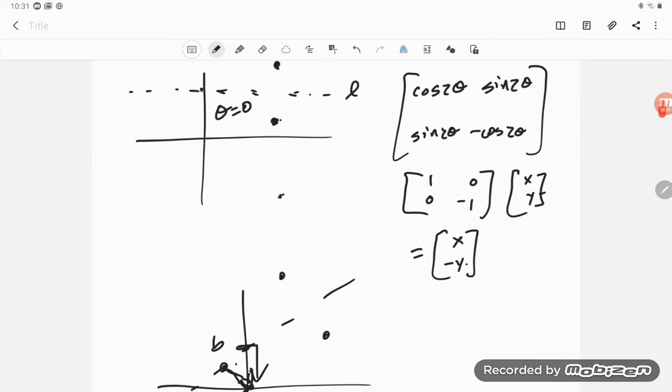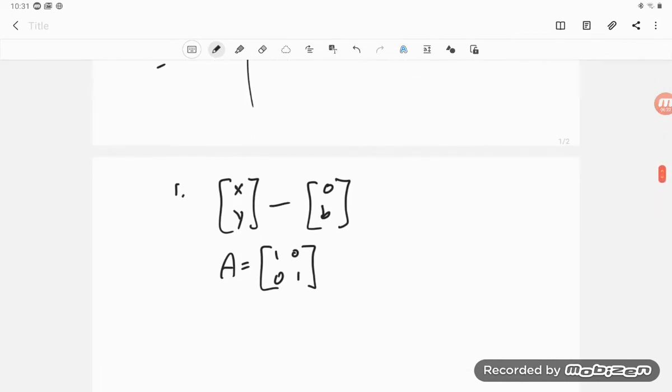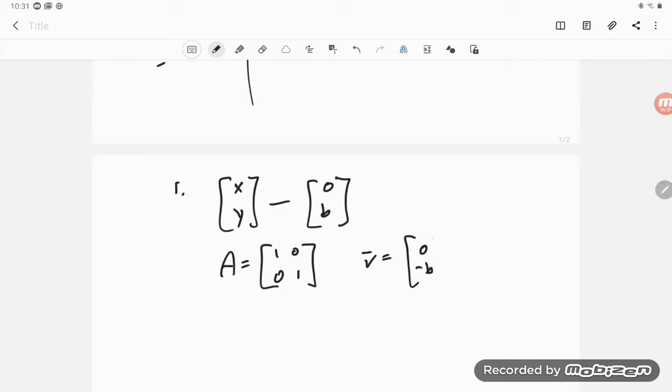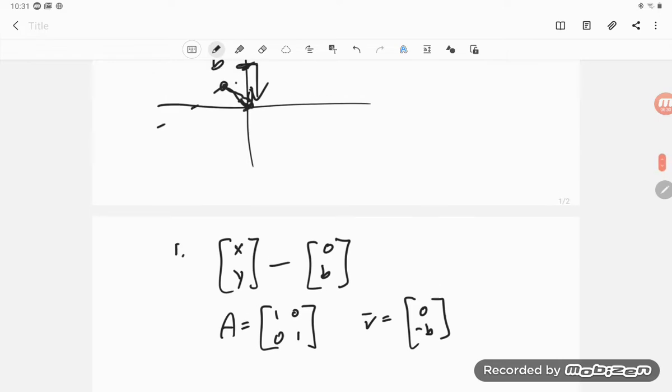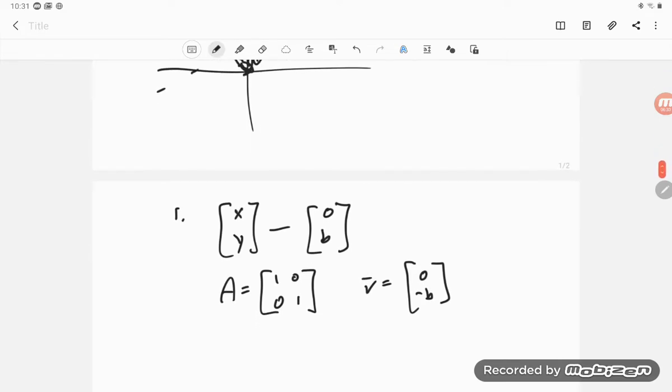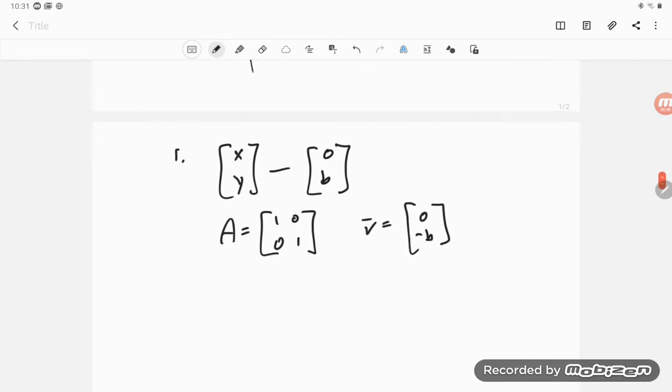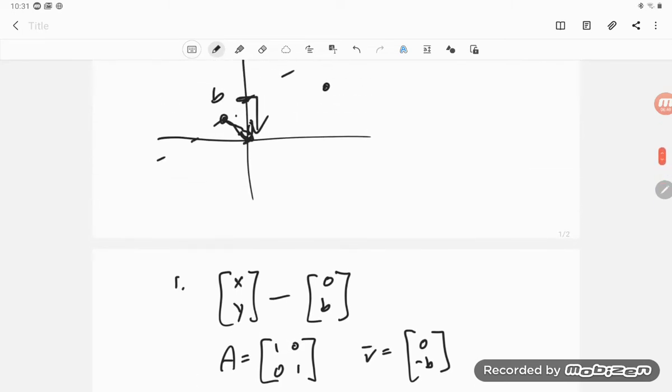So I've said v is equal to 0, negative b. I've taken A times my vector and then plus this v, or minus 0, b. So if I do that first, then you see everything looks like that.